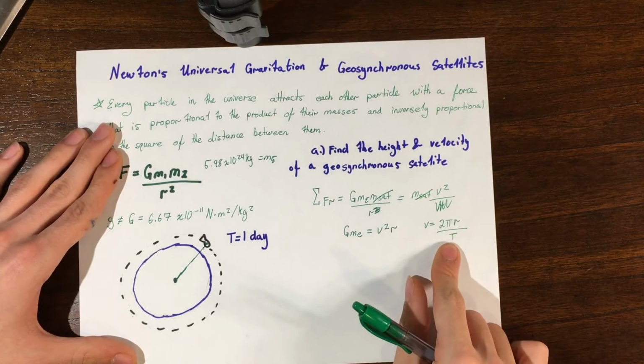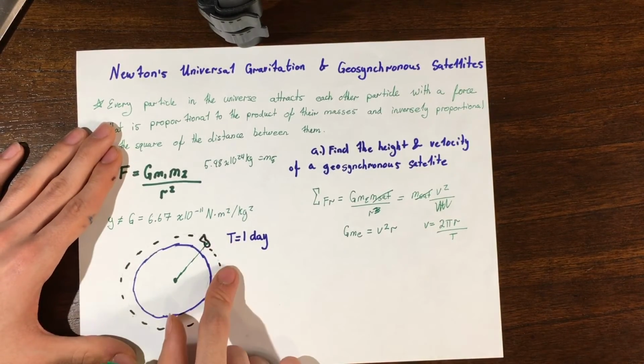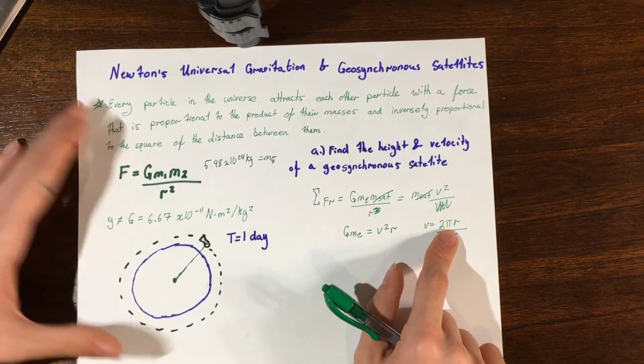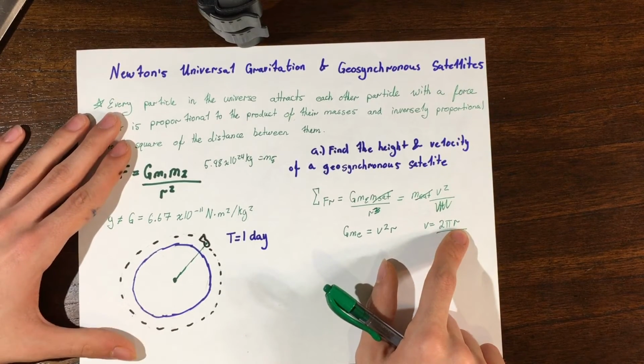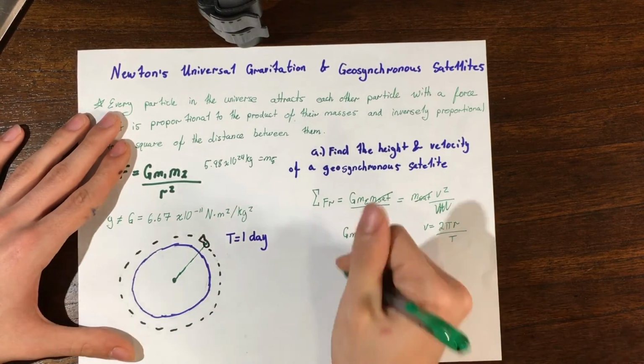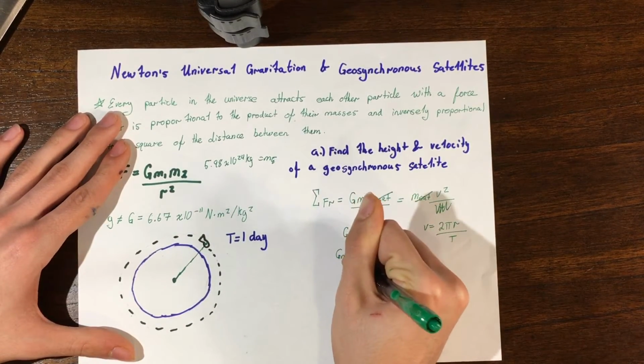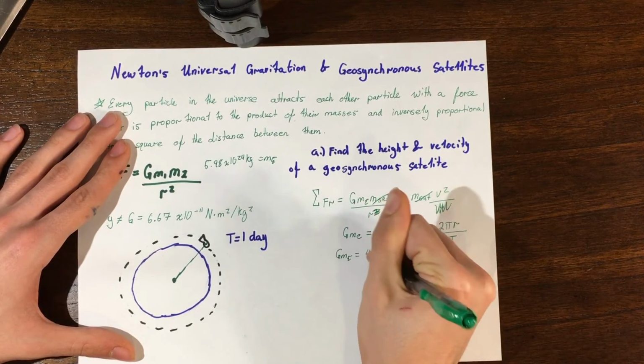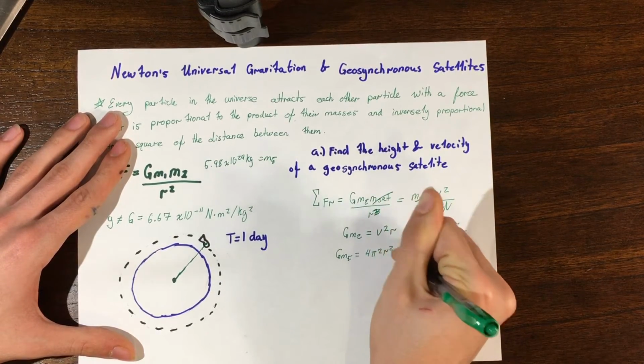Since it's geosynchronous, the period is equal to 1 day, and pi is a value, and we are trying to find the radius, which is related to the height, so we can plug that in. So we have G M_E is equal to 4 pi squared r squared times r over T squared.